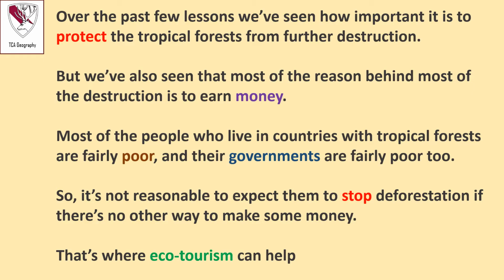So this can prevent developments in quality of life and standard of living, which would improve the lives of those people. So it's not reasonable to expect them to stop deforestation if there's no other way for them to make some money. And that's where ecotourism can help.